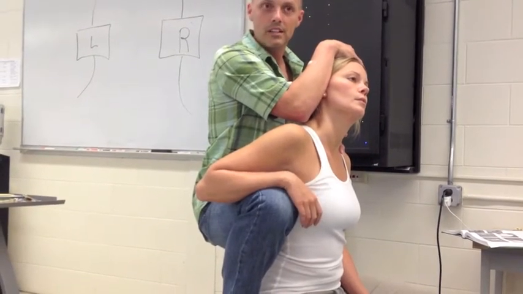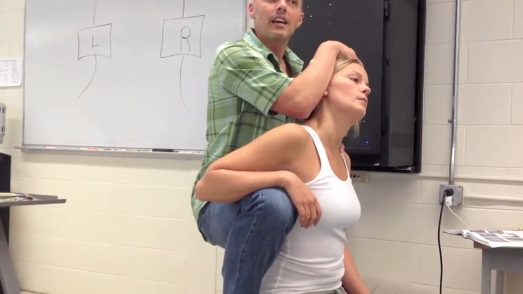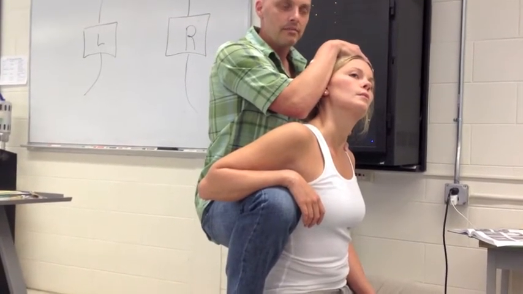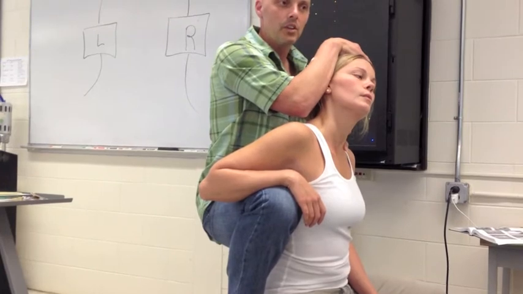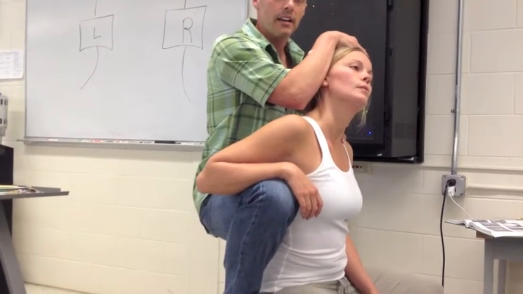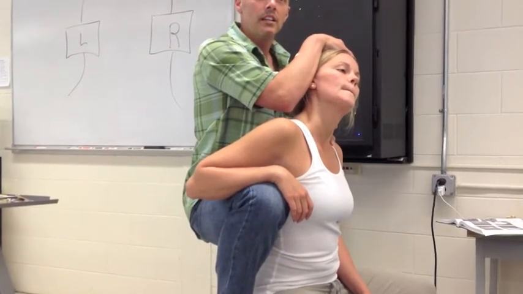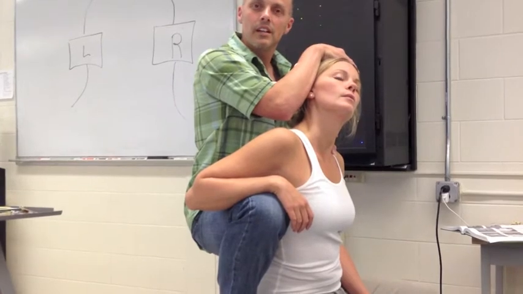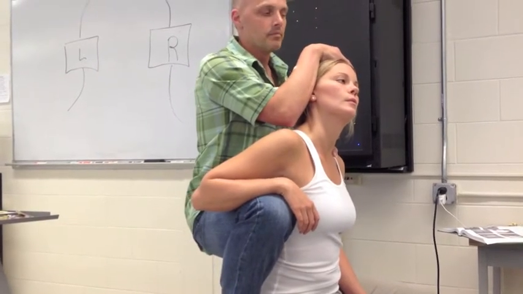So important to stay neutral. I further then side bend her and rotate her. And again, don't let me move you. Hold. 2, 3, 4, 5. Relax. 2, 3. Further localization and relocalize. Good. Come back up.